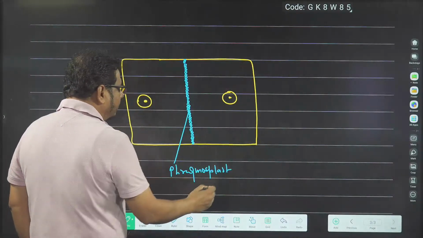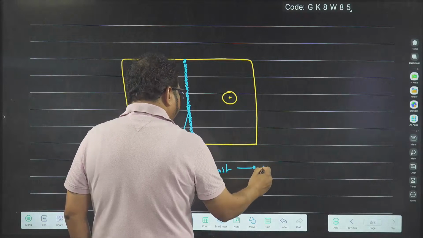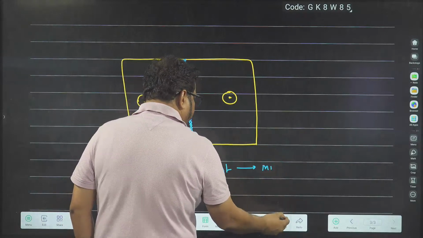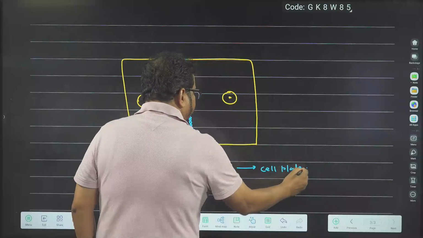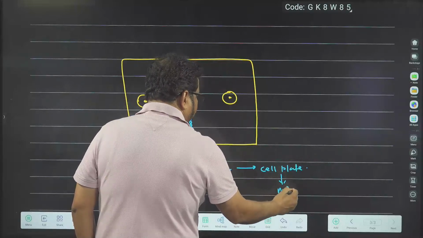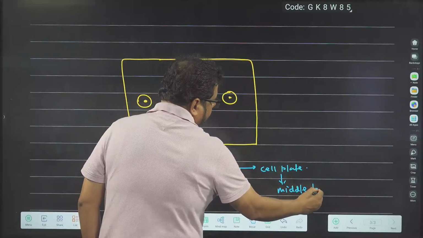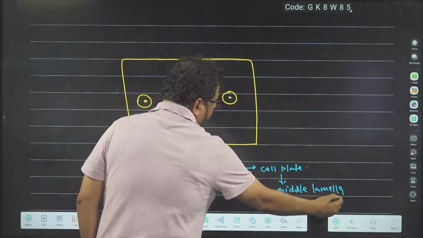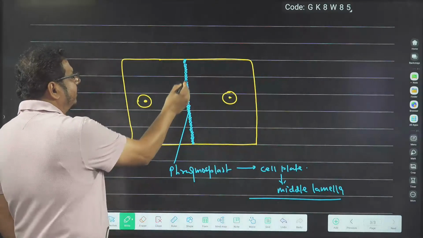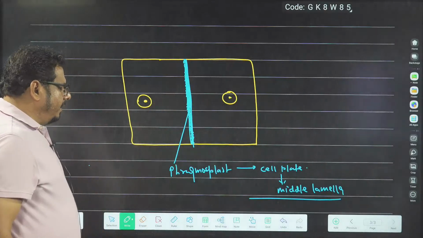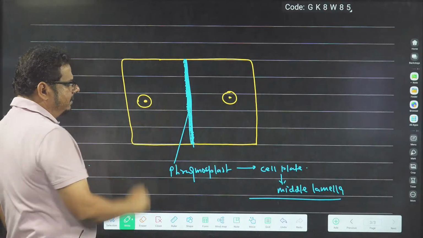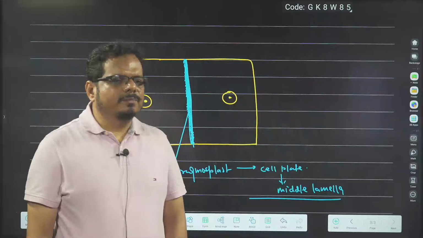These phragmoplasts are later converted into the cell plate, and the cell plate is later converted into the middle lamella. Did you get the idea? In this phragmoplast formation, the Golgi complex plays a role.